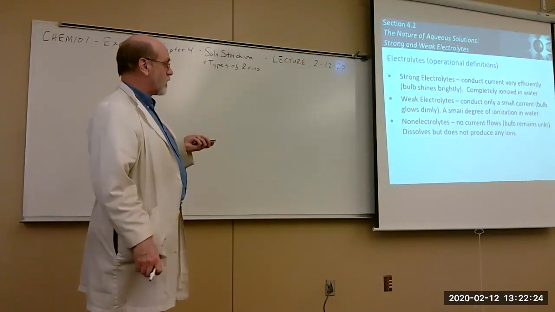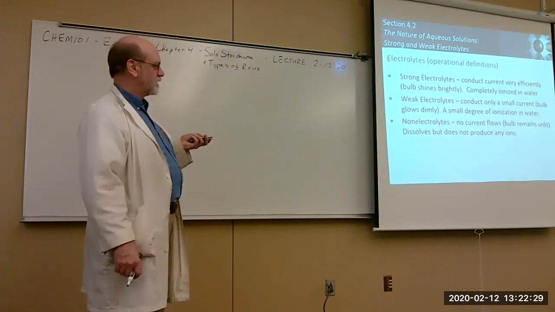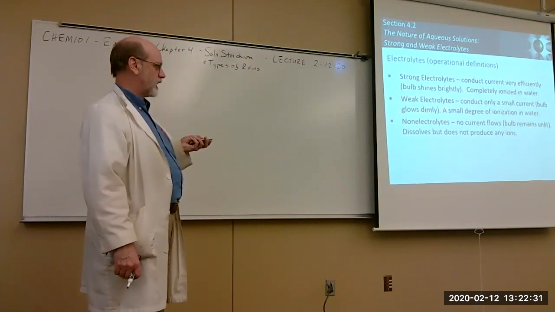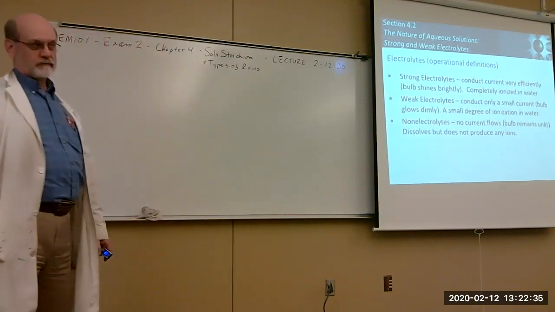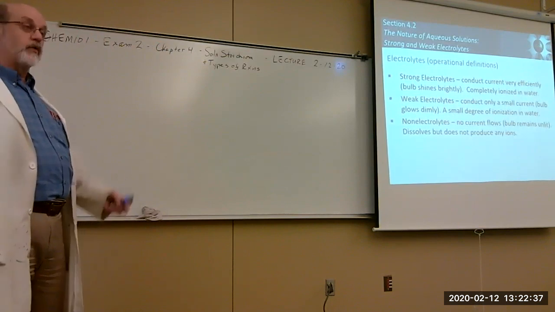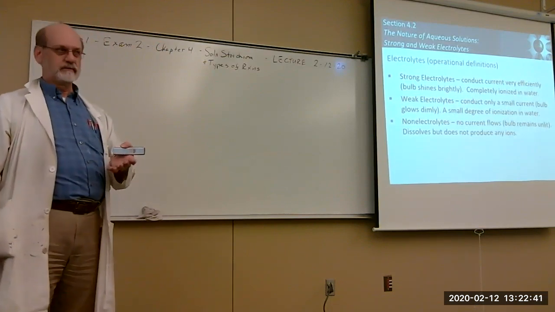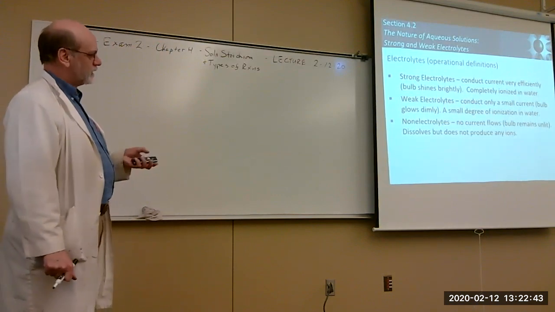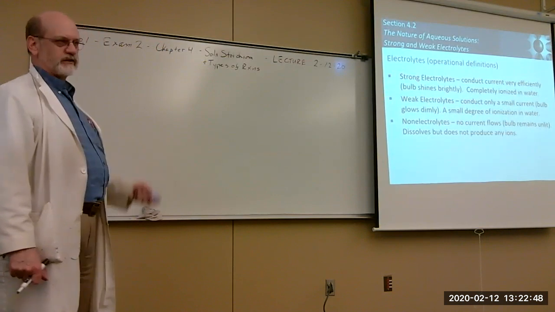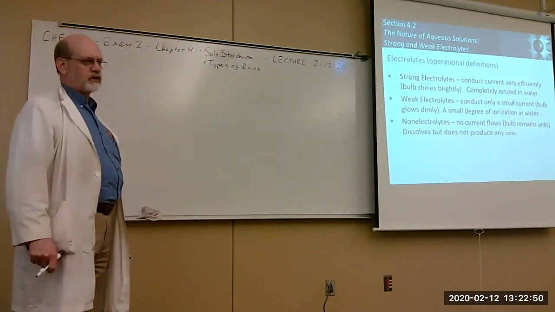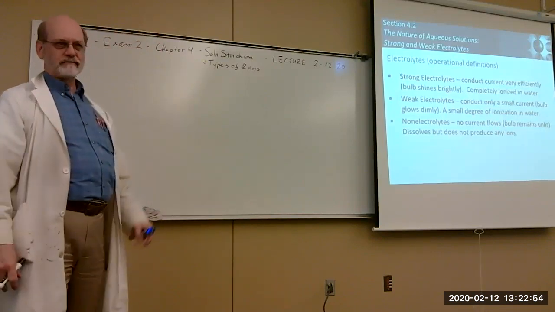It'll still carry a charge and light a light bulb if you've got one in your circuit, but it's very weak when you do that. Then there are non-electrolytes, like table sugar. They don't ionize at all. They go into solution, but they don't form ions, so they can't carry a charge. And these are operational definitions. You can make them what you want within reason.